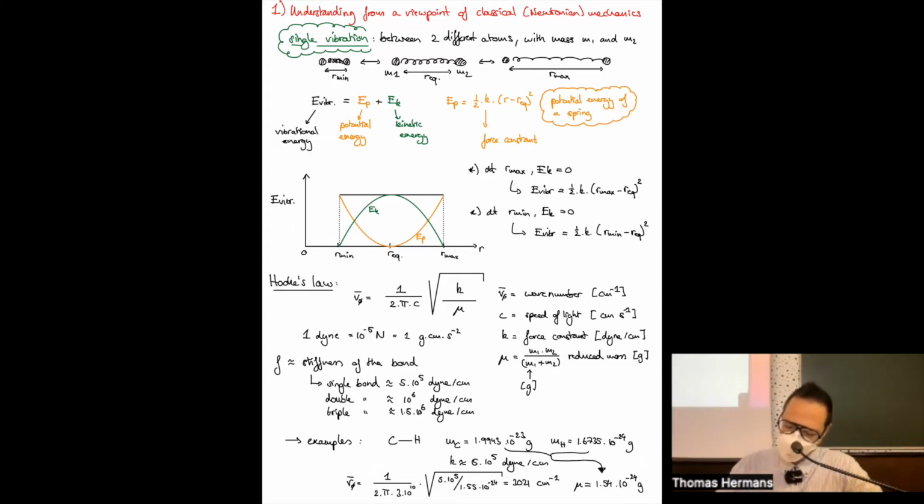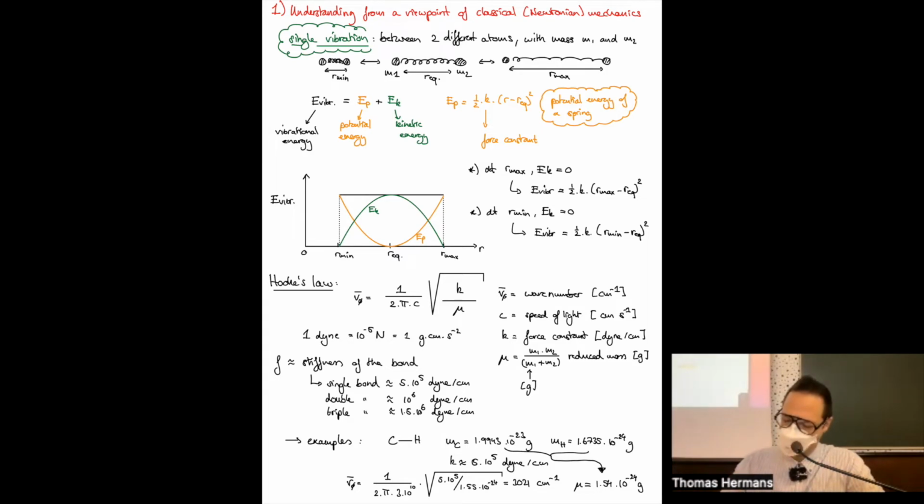So the potential energy is half times K times R minus R equilibrium squared. Again, this is just Newtonian mechanics. This K is the force constant. This is basically how stiff the spring is. If you have a stiffer spring, K is higher. If you have a weaker spring, then K is lower.